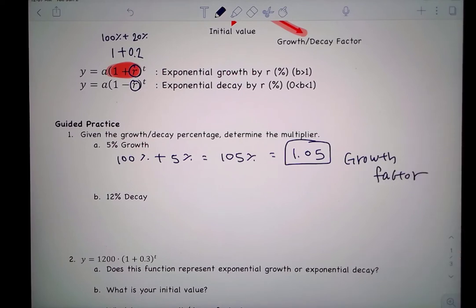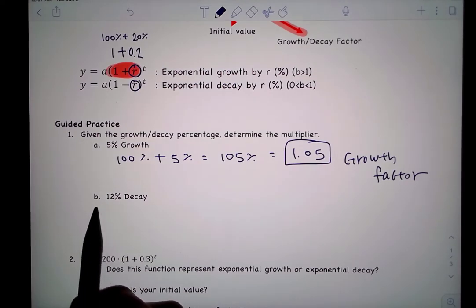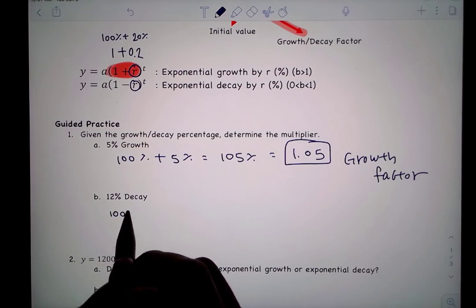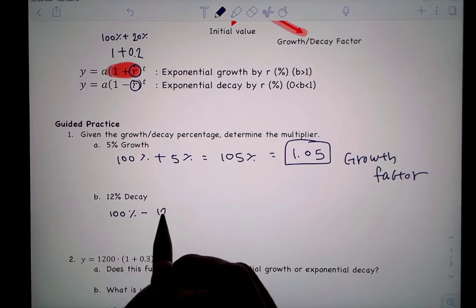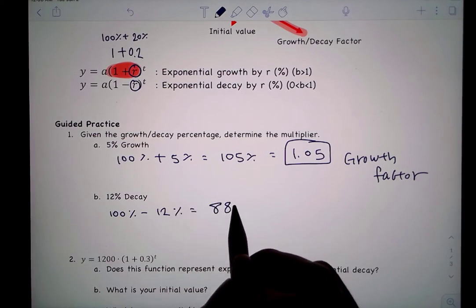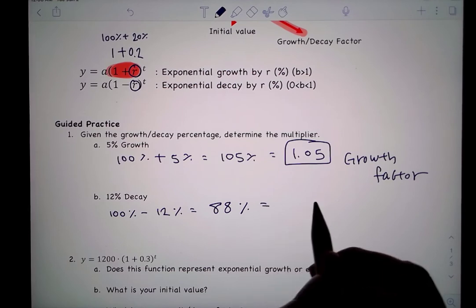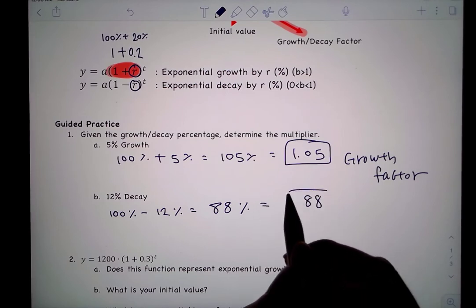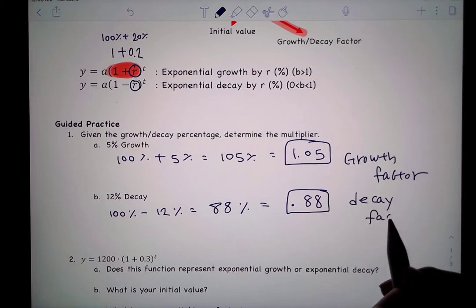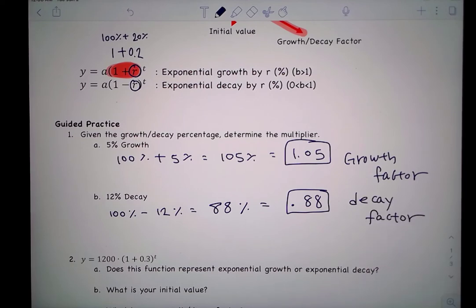So that is growth factor, 1.05. Yeah, look, 12% decay. Then we subtract it, right? 100% minus 12%. Then you get 88%, which will be 0.88. So that is what? Decay factor, right?